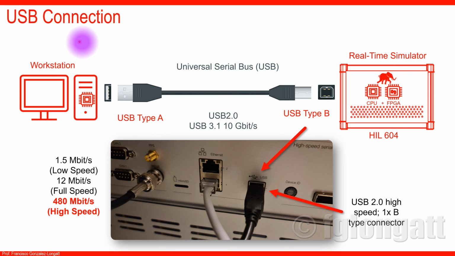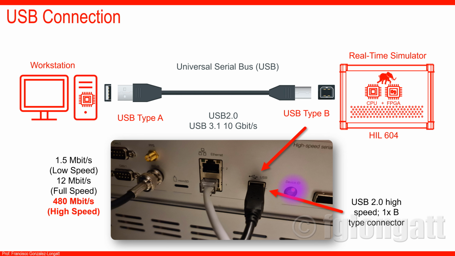To be honest, if you look over here, for quite a while, Typhoon HIL has been connecting the workstation to the real-time simulator using this USB cable, okay? A USB type A located at the workstation, quite popular connector, and at the back of the real-time simulator, in this case the HIL604, you can see over here there is a USB type B.